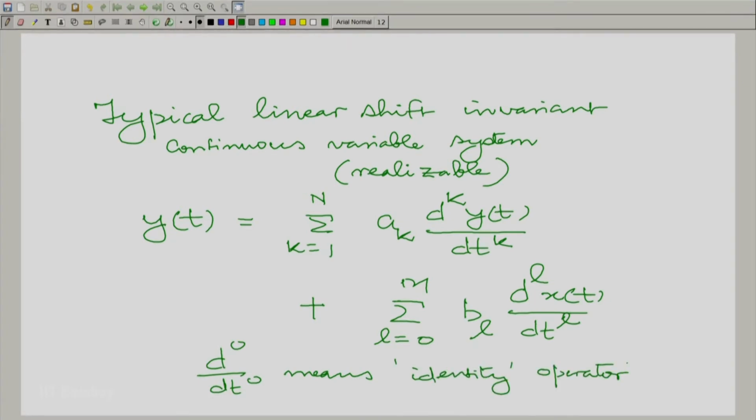When we write d0/dt0, we essentially mean the identity operator, there is no derivative involved. Now, here all over we have derivatives, as you can see. There are derivatives here and there are derivatives here.